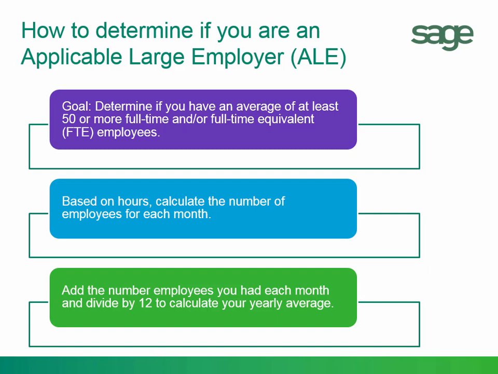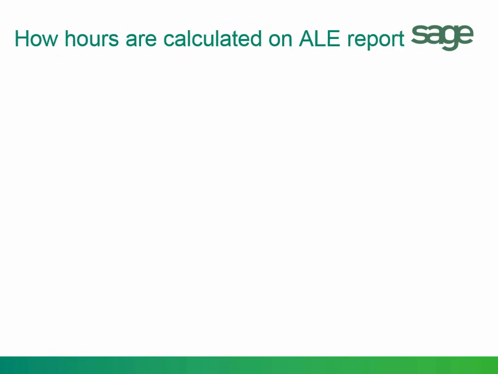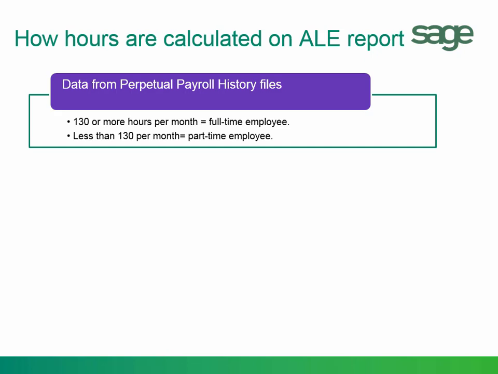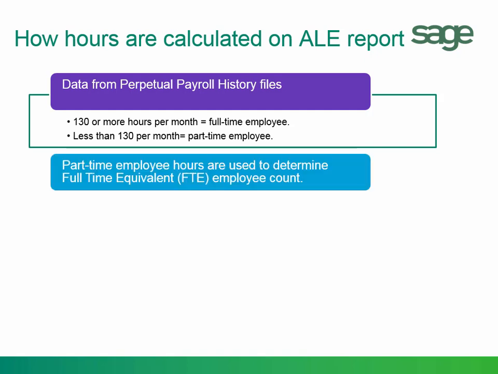Now let's look at how hours are calculated on the ALE report. The report uses the data from the perpetual payroll history files. Full-time employees are those who work 130 or more hours per month. Less than 130 hours per month are part-time employees, and these are IRS definitions.